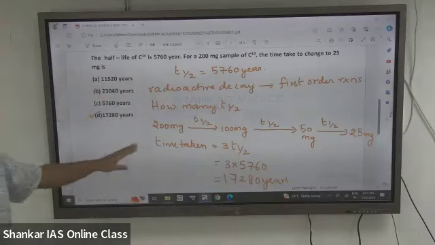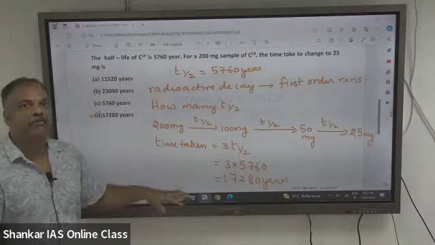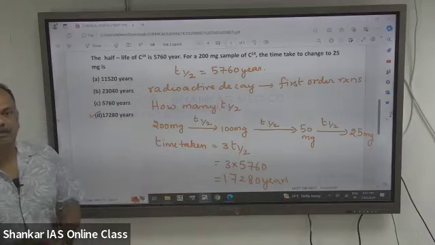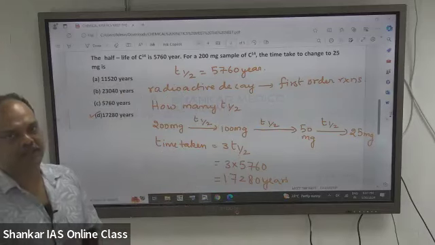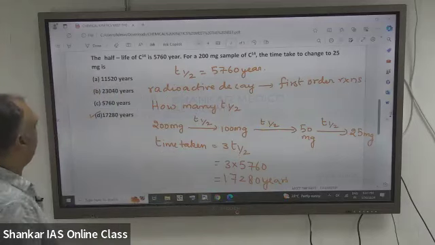By proceeding through this approach, we have obviated the use of complex logarithmic calculations. So this is an easy way to do it.